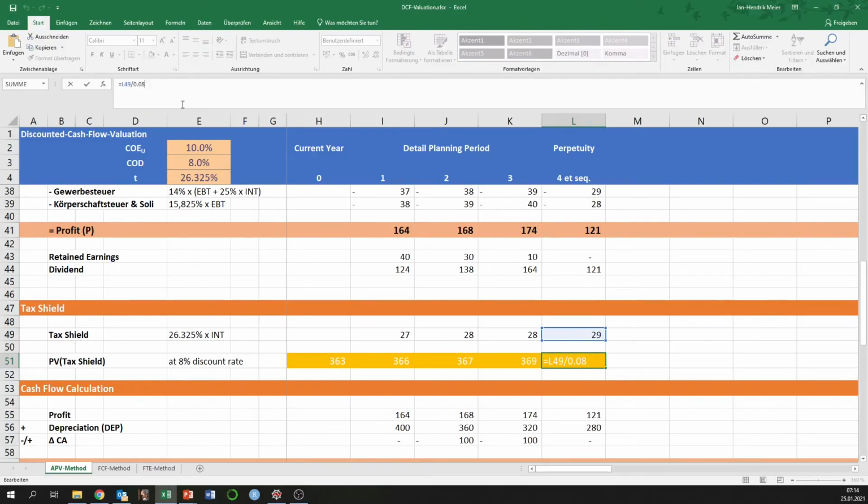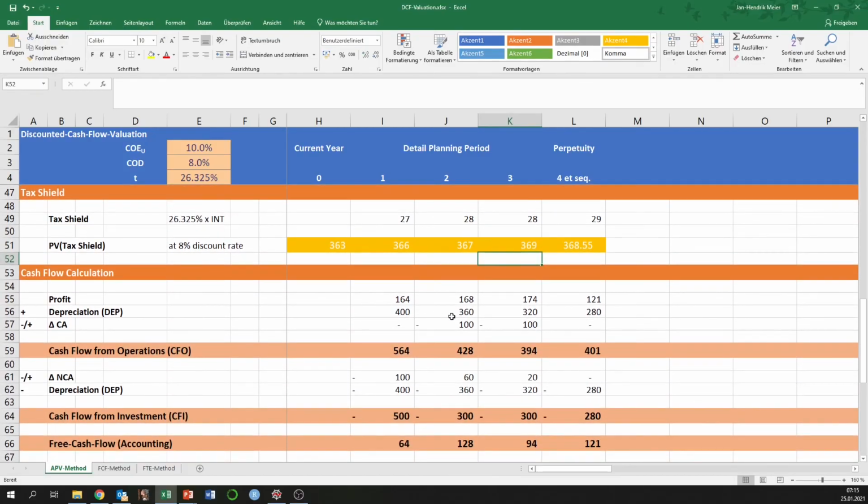Simply dividing the tax shield here by 0.08, or I can also write cost of debt because I have taken those variable names that will end up in the same number. Here, by the way, of course we go roll back. I can also use cost of debt here and we will have the same results. So this is rollback formula number 1.